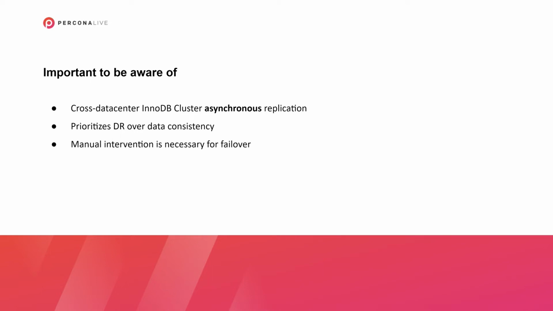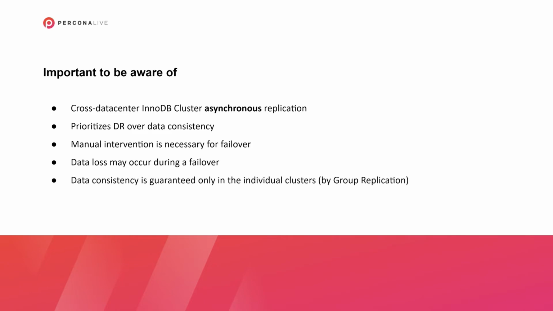And as I said, manual intervention is necessary for failover, and data loss may occur during failover, which is why it needs to be done manually and not automatically. And data consistency, it's just important to mention it's guaranteed locally in each InnoDB cluster by group replication.